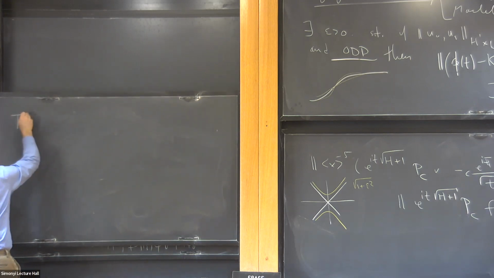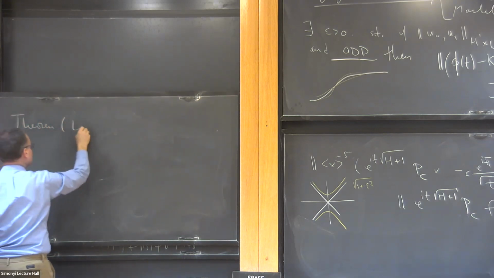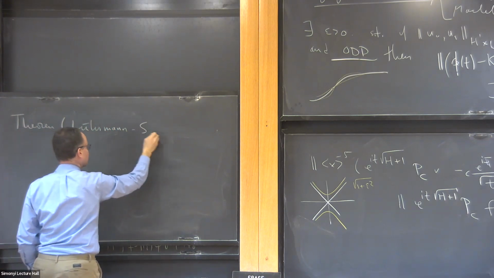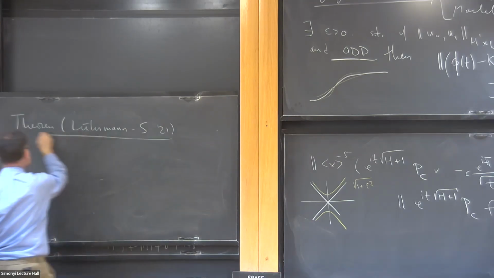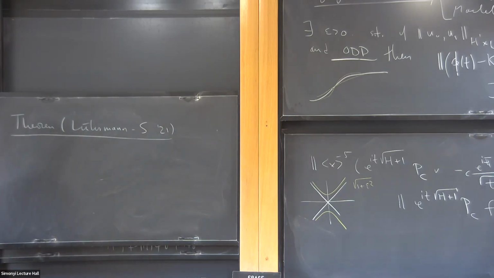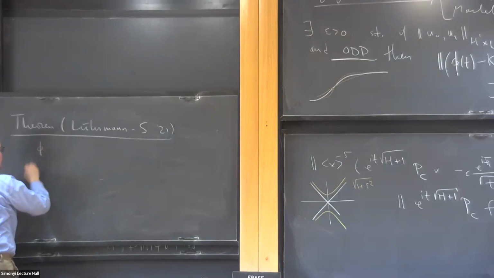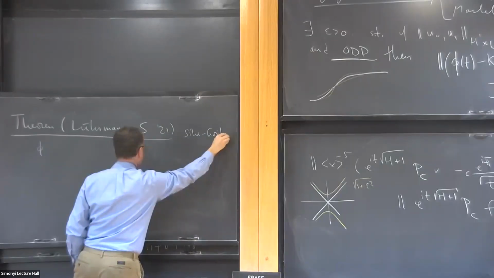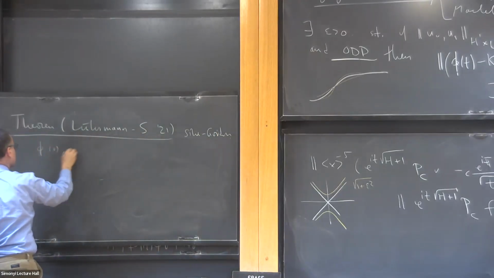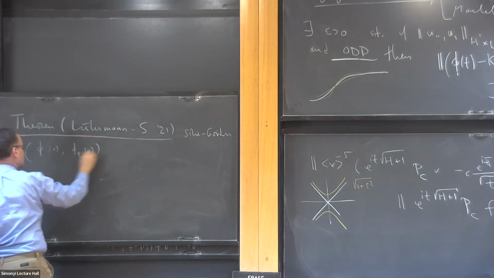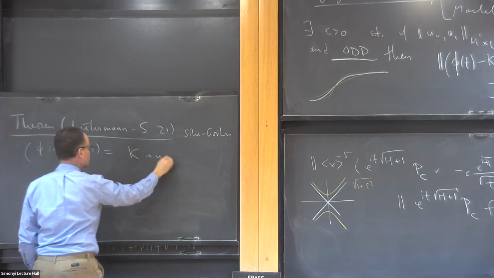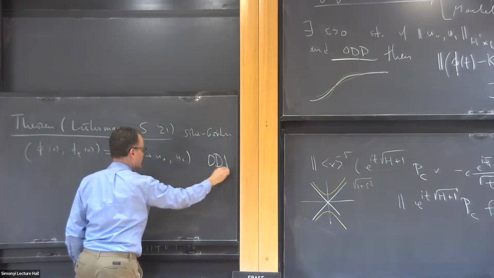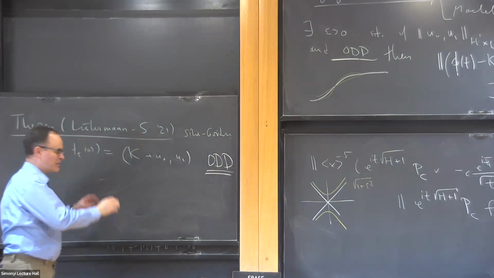So, theorem, and this is Luehrmann, who's a young mathematician at Texas A&M. This appeared in 21. It says that if you take initial data for sine-Gordon which are a kink plus a perturbation, and the perturbation has to be odd so that the kink doesn't start moving.